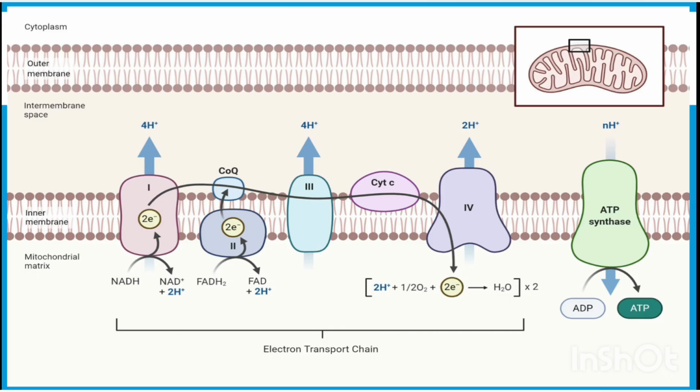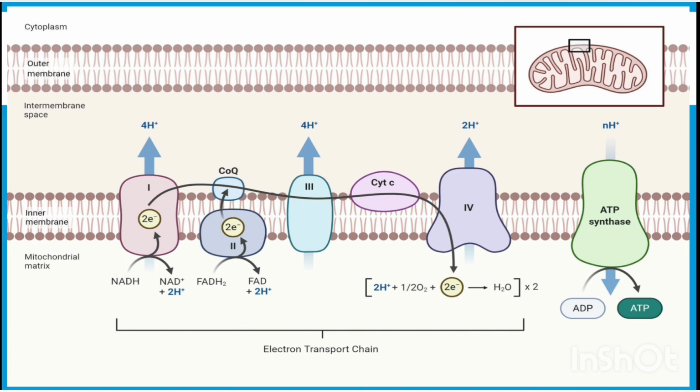The first complex is NADH CoQ reductase, second is succinate CoQ reductase, third is CoQ cytochrome C reductase, complex 4 is cytochrome C oxidase, and the final one is ATP synthase, which is meant for the production of ATP.